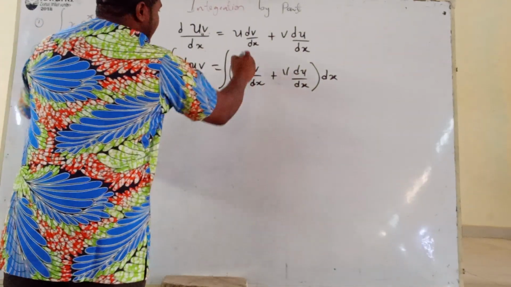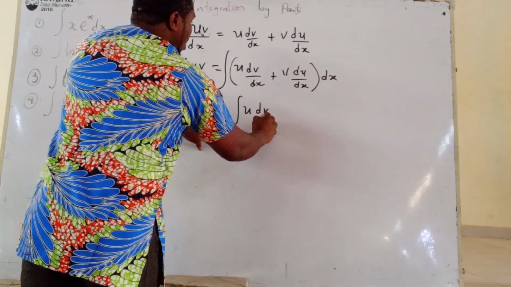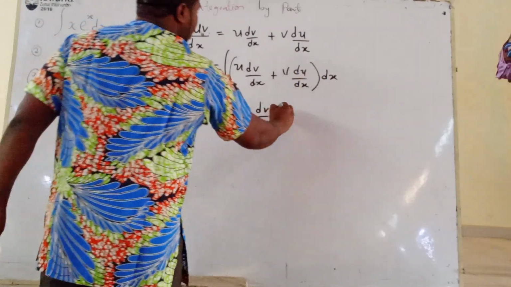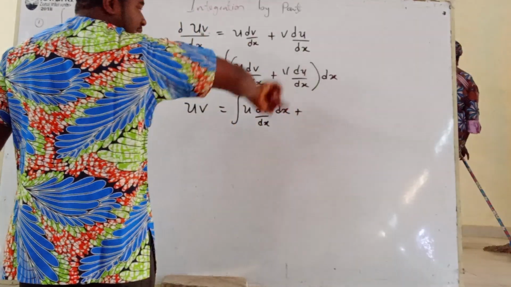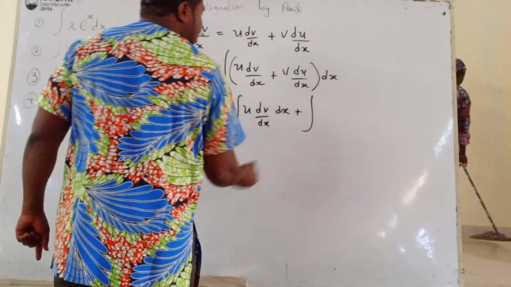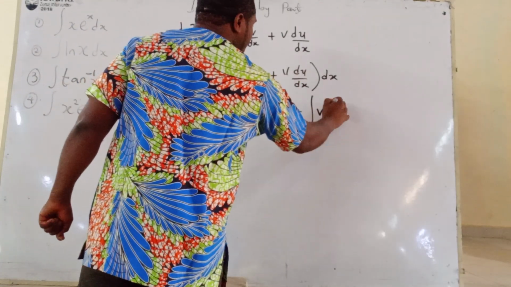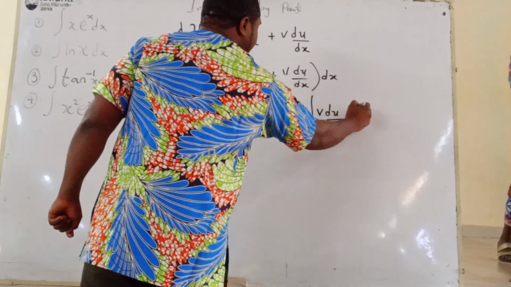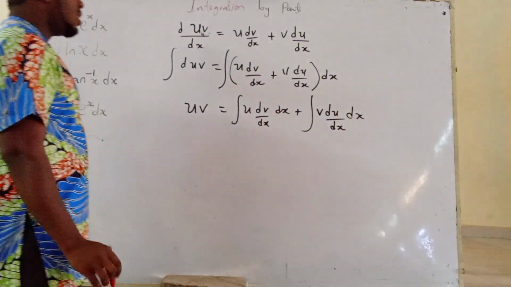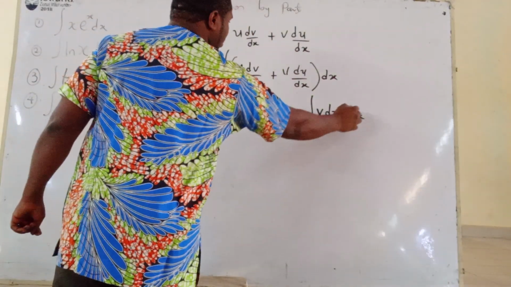For this part, I'm going to have the integral of u dv upon dx. Let's open it. So I have the dx over here. Plus, I can integrate it separately: the integral of v, then u upon dx, and my dx will remain here. Fantastic.